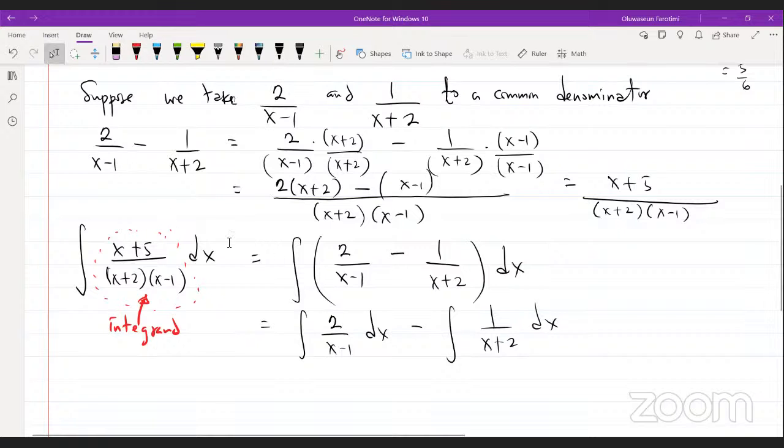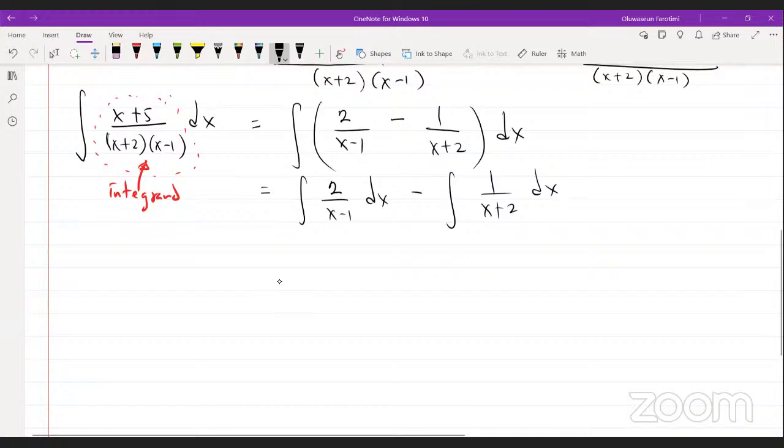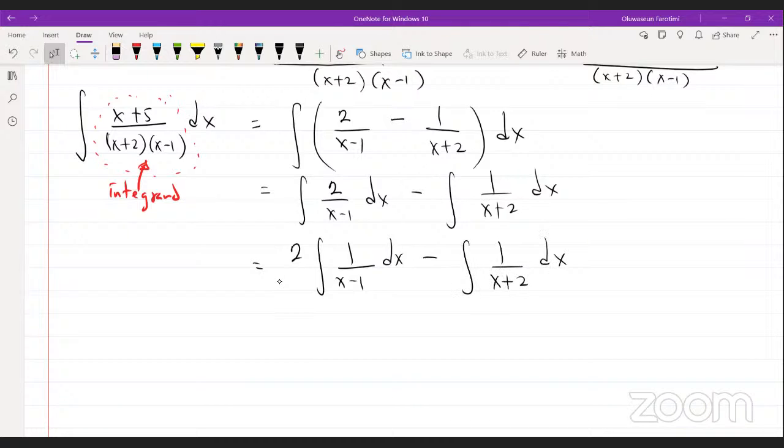So how do you handle this sort of integral? Pull out your 2, you have 1 over x minus 1 dx minus the integral of 1 divided by x plus 2 dx. If you integrate this guy, what do you get, guys? And if you integrate this guy, what do you get? Now remember, this is just going to be ln of the bottom, right?